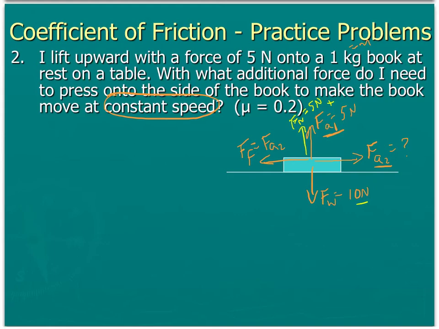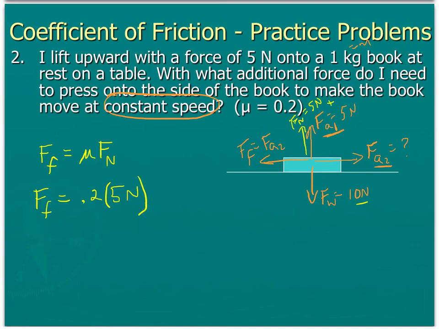This time I know my value of mu, so I'm going to use my rearranged version of the equation. So my force of friction is going to be equal to mu times my normal force. My value for mu is 0.2, and my normal force is 5 newtons.